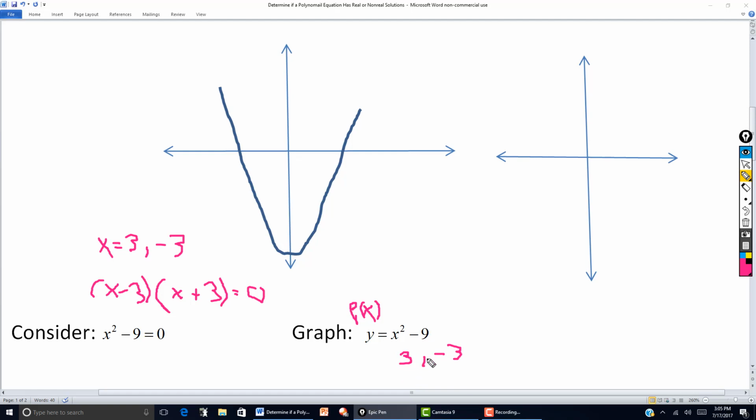So the zeros are simply those values such that if you replace the x by those numbers, you get 0. 3 squared is 9, minus 9 is 0. So in terms of a point, that would be the point 3, 0, and negative 3, 0.